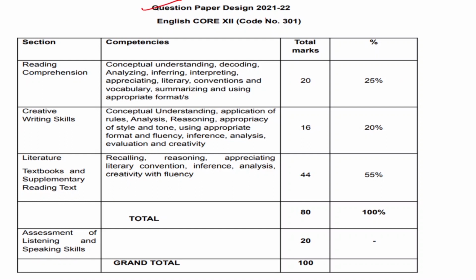Question paper design 21-22. This is the CBSE Circular. English Core 12th, code number 301. Reading comprehension, conceptual understanding, decoding, analyzing, inferring, interpreting, appreciating, literary conventions and vocabulary, summarizing and using appropriate formats.